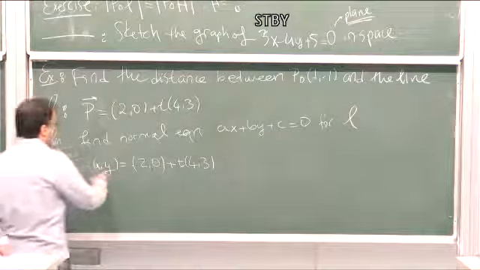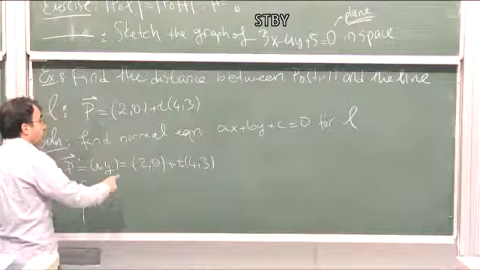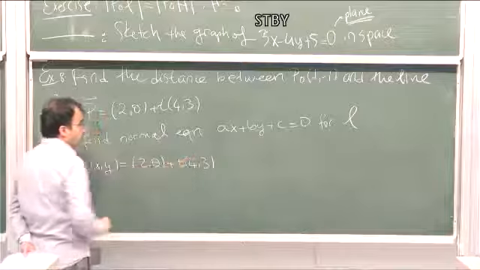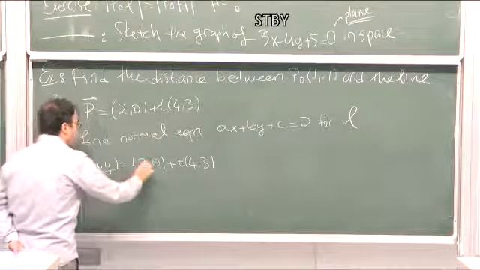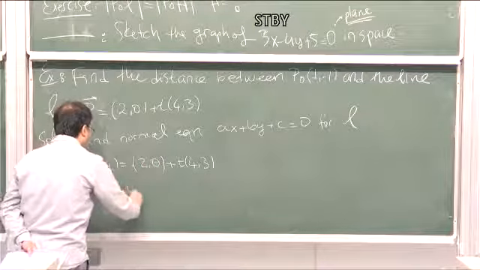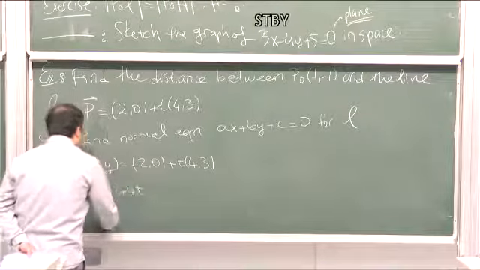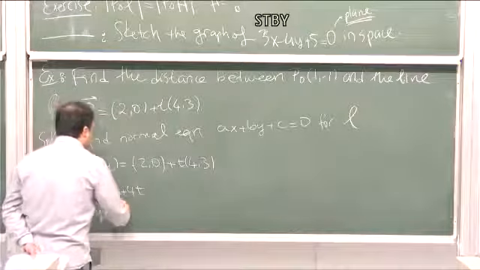Then, what should be x, what should be y? I take the sum of these two things on the right-hand side. So you see that x will be equal to 2 plus 4t, y will be equal to 3t.